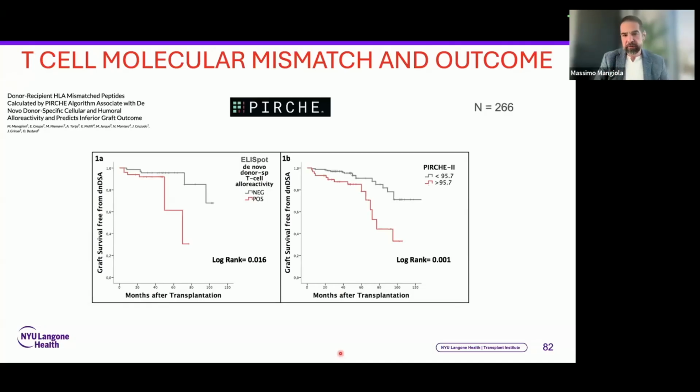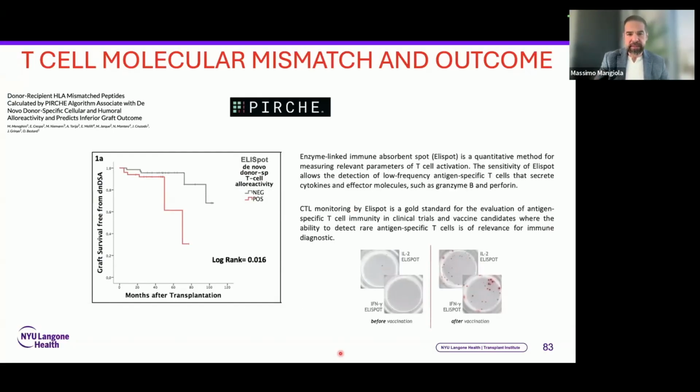I particularly like this one because it is important to understand the power of the tools that you use. I like this paper because the authors compare the PIRCHE prediction to a physical test on T cell activation, which is the ELISpot. As you know, this is an enzyme-linked assay that makes red spots, hence ELISpot, which is a gold standard test for evaluation of T cell activation, especially in the context of vaccine clinical trials.